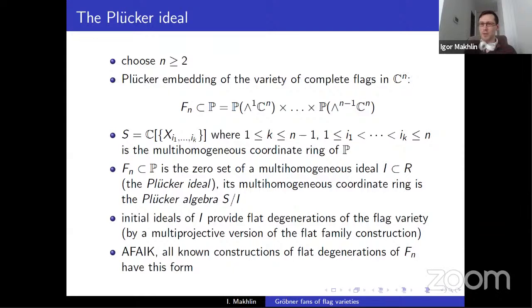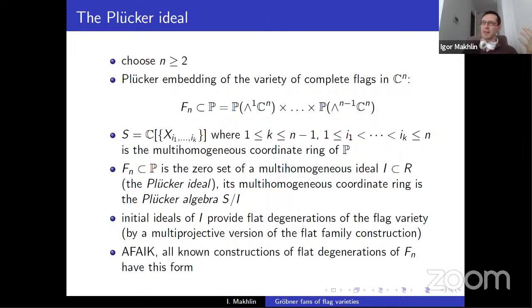So this whole field can be viewed as a sort of assortment of various constructions. And perhaps one interesting problem here is finding a unifying approach. This is directly related to the Gröbner fan, because this is the structure that classifies all the degenerations that we have. And of course, in the last bullet point, I say that, as far as I know, all known constructions of flat degenerations of the flag variety have this form.